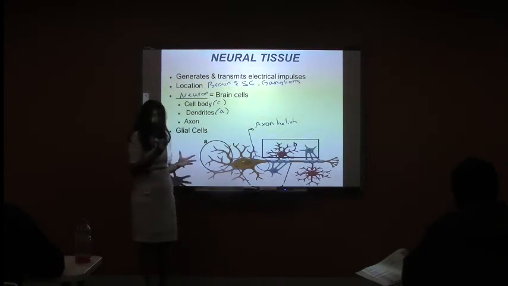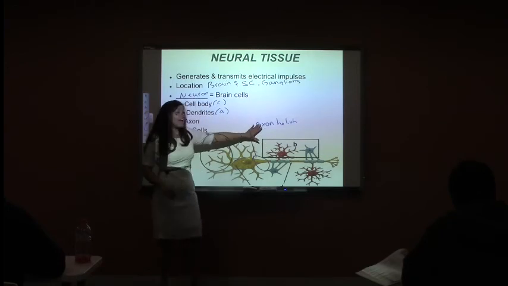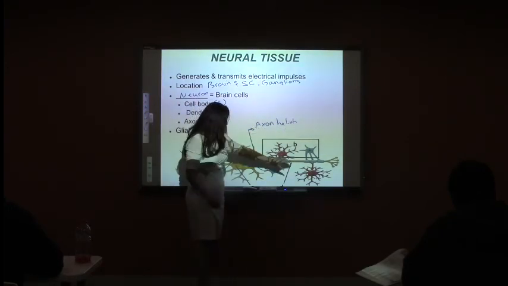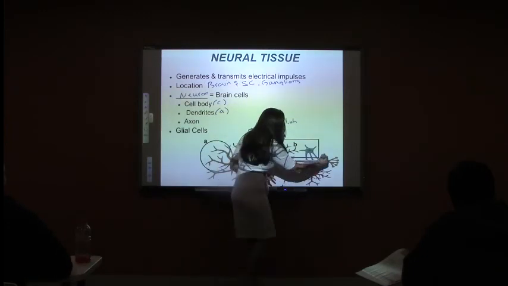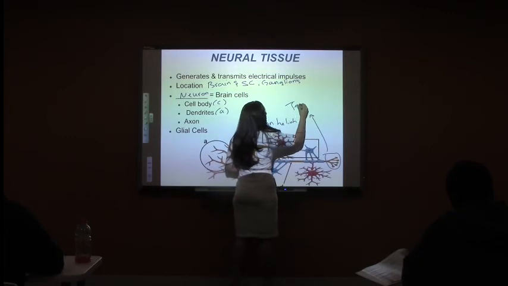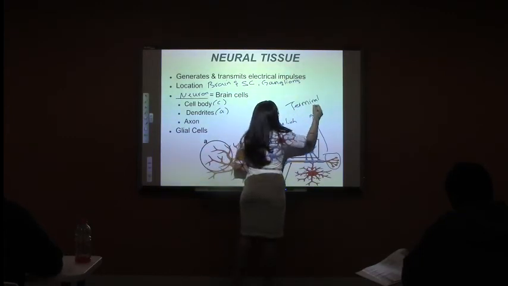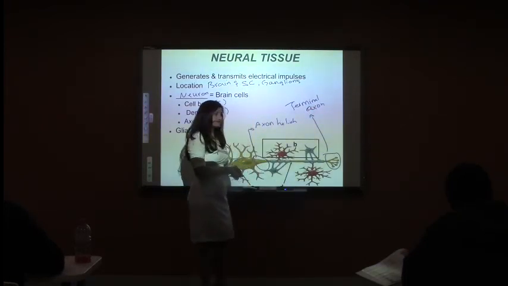H-I-L-L-O-C-K. Oh, FYI, I know this is recorded, I should not say that, but I'm bad at spelling. Okay? You have probably already noticed that. Okay, axon hillock. Does that make sense? Okay. Then you have the length of the axon, and right here, you have the terminal axon. Terminal axon. Okay?